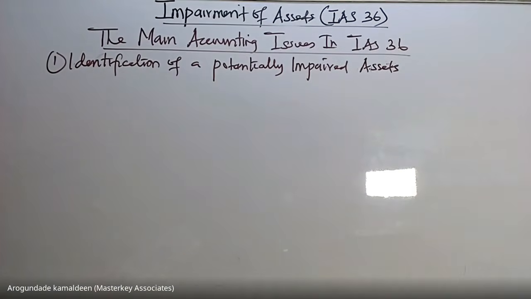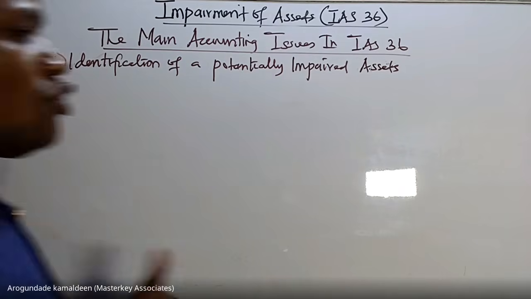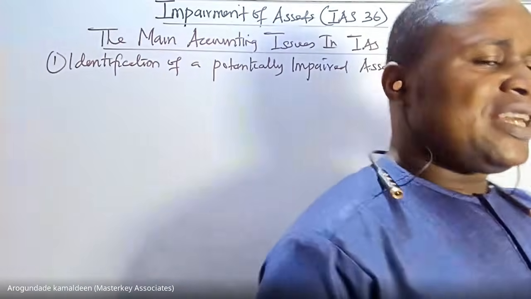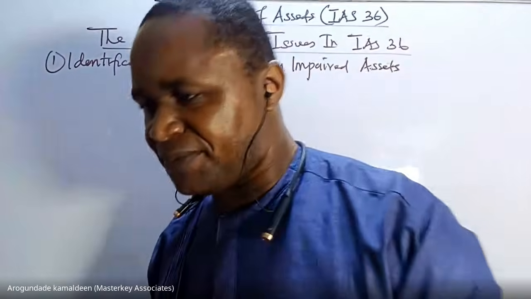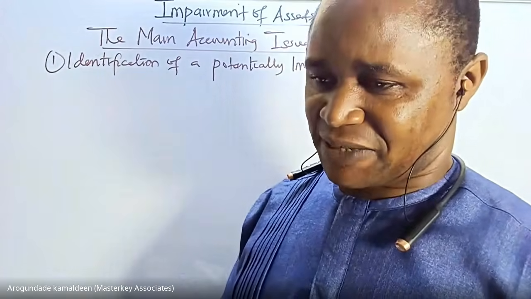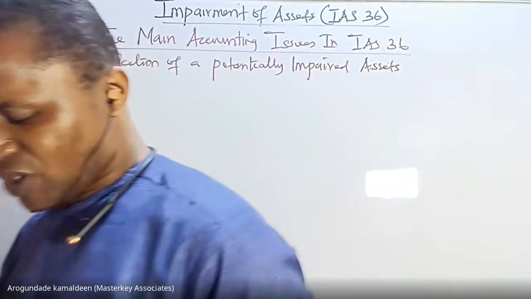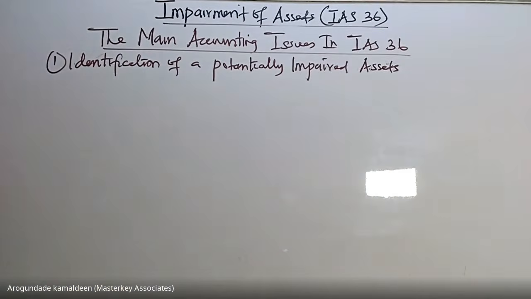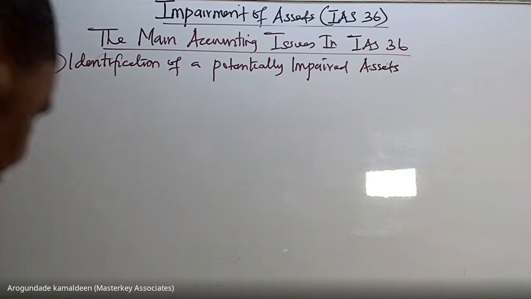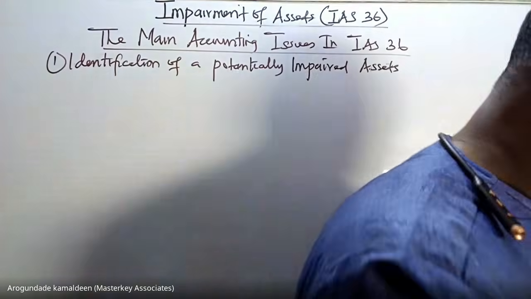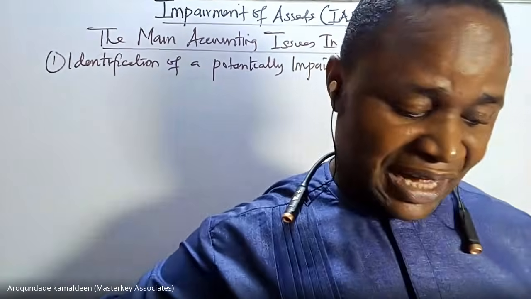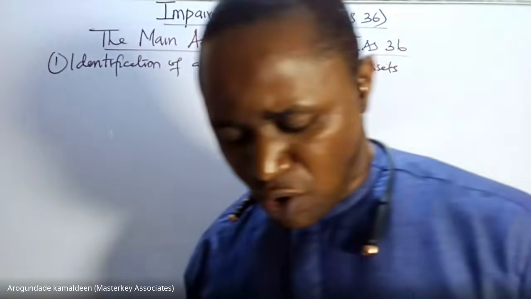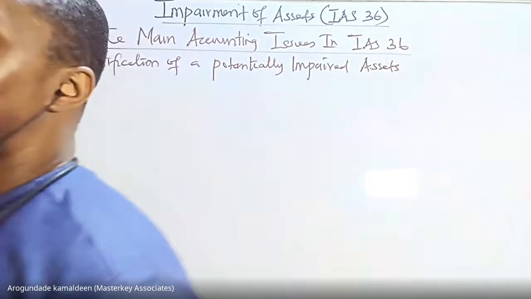That is the first thing for you to do as an organization. We need to first of all determine: is there any asset that is impaired? The standard says that the entity should assess, at the end of each accounting period, whether there are indications of impairment to any asset.